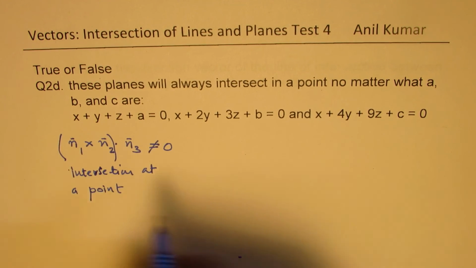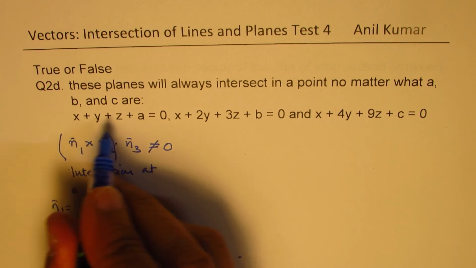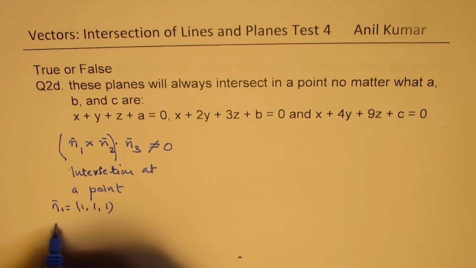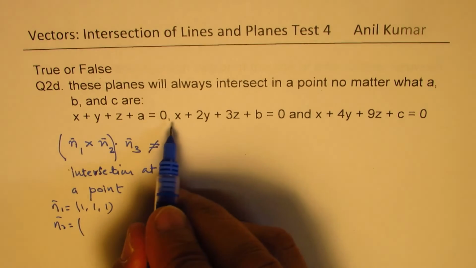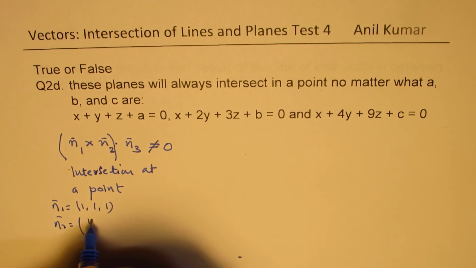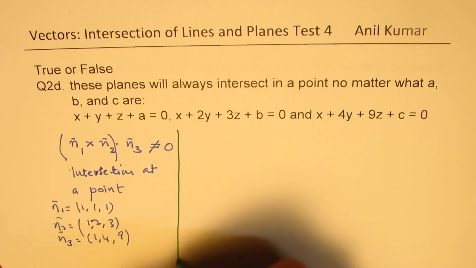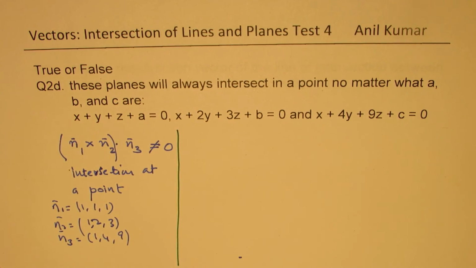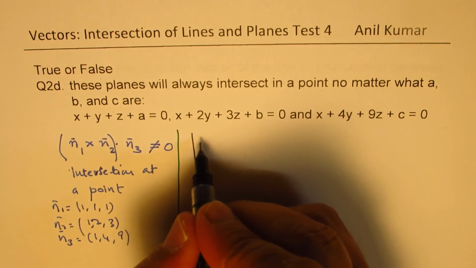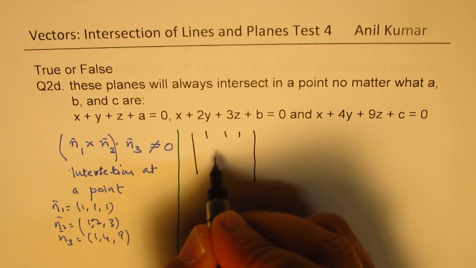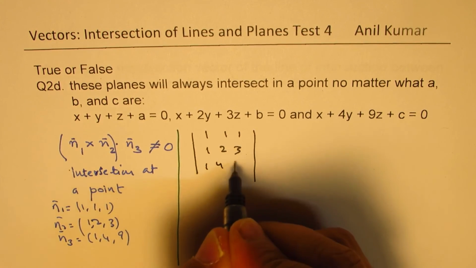Now in our case, n1 is equal to 1 1 1, n2 is 1 2 3, and n3 is 1 4 9. So let's do the scalar triple product and verify the result. Is that clear? So we have 1 1 1, 1 2 3, 1 4 9.